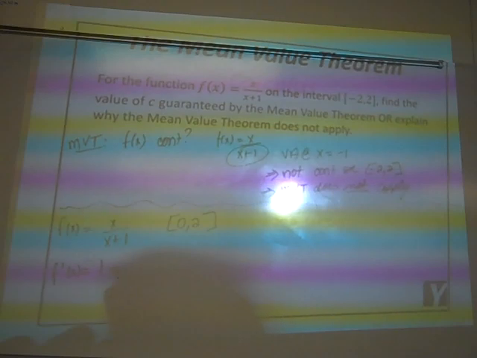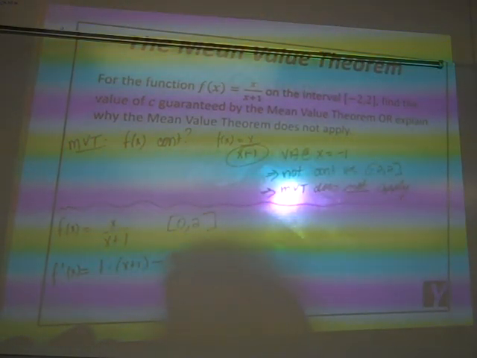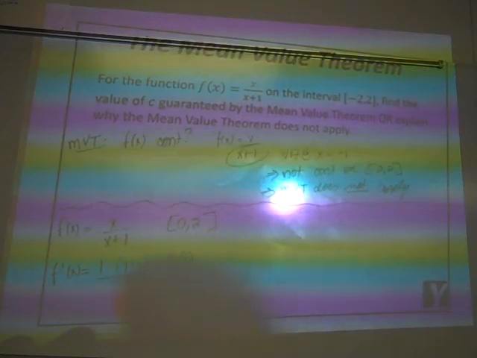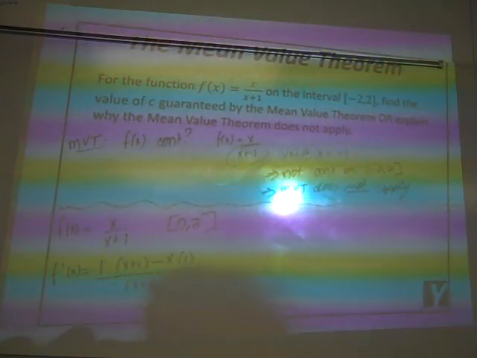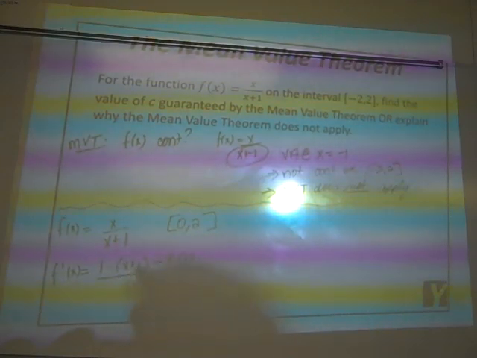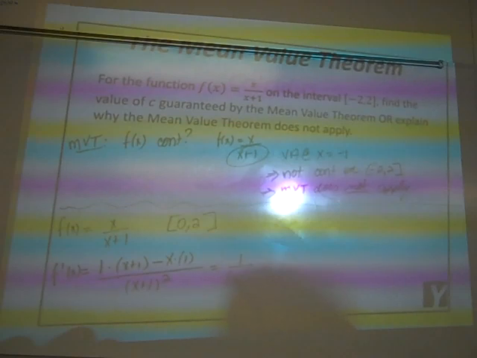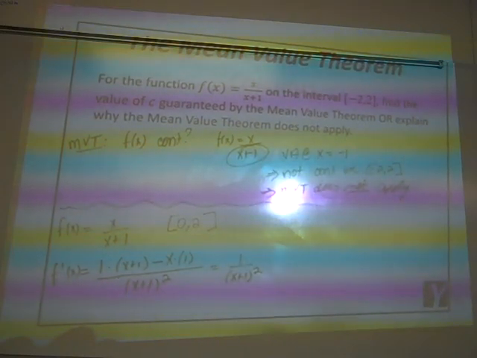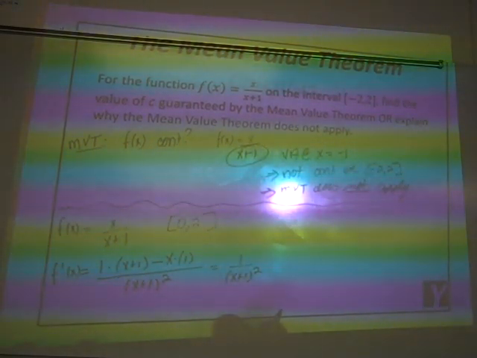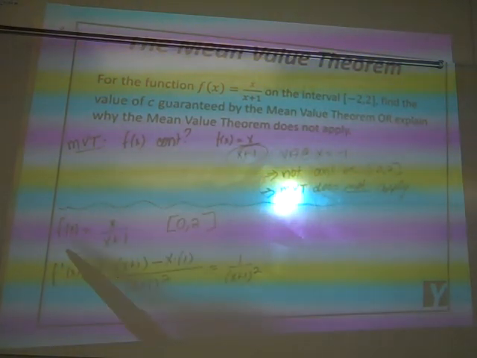I take the derivative of the top times the bottom, minus, leave the top alone, times the derivative of the bottom, over the denominator squared. The numerator, x plus 1 minus x, the x's cancel out, and we get 1 divided by x plus 1 squared as the derivative.